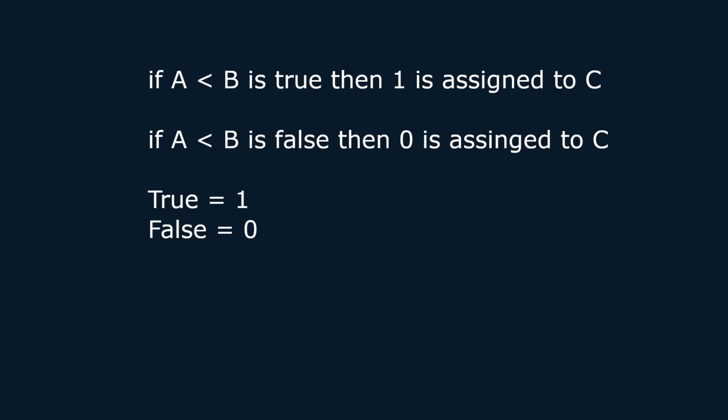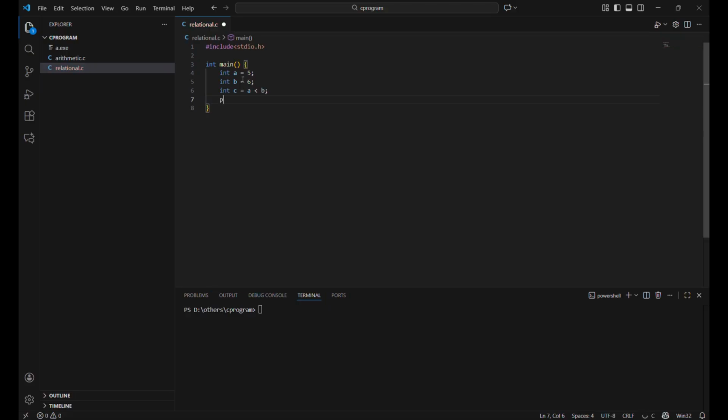If the condition is true, 1 will be assigned to c, or else 0 will be assigned to c. 1 means the condition is satisfied. 0 means the condition has failed. Next, let's print the value of c in the printf. Add return 0 to mark the end of the program.